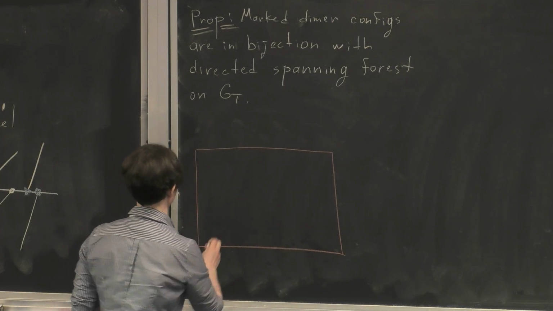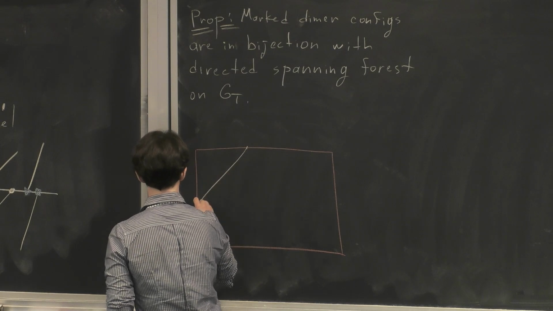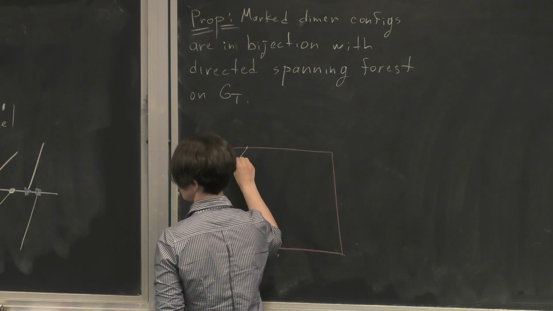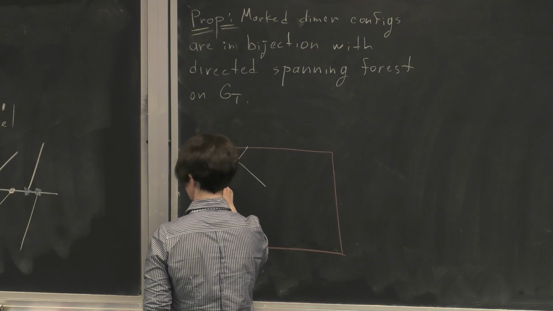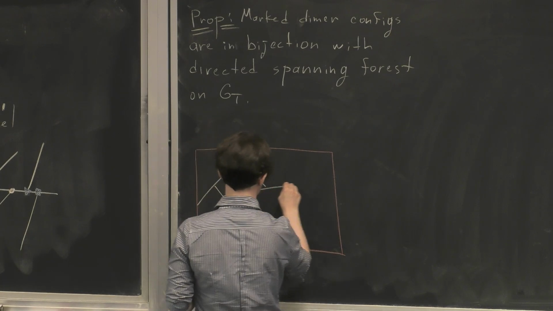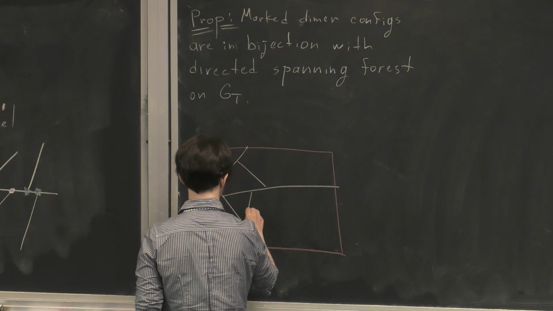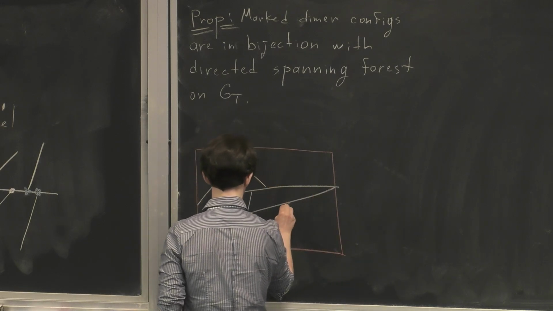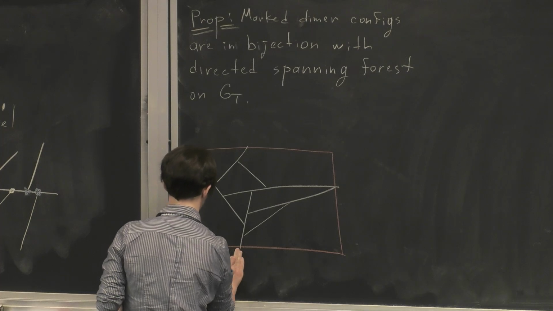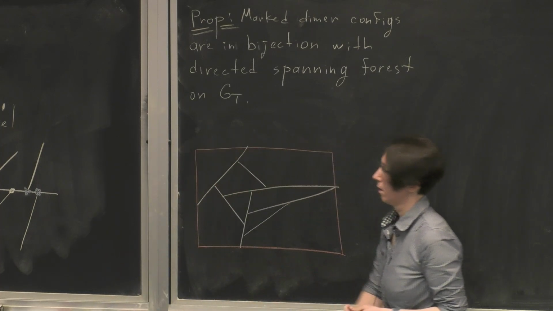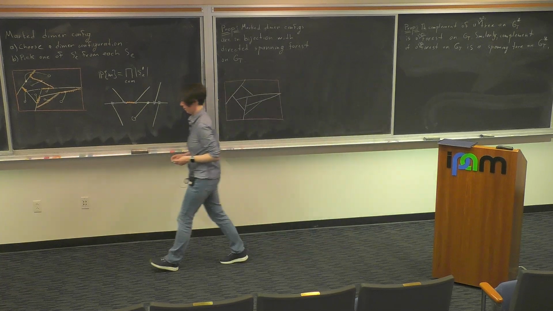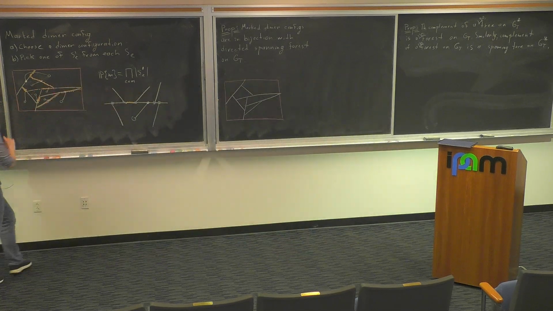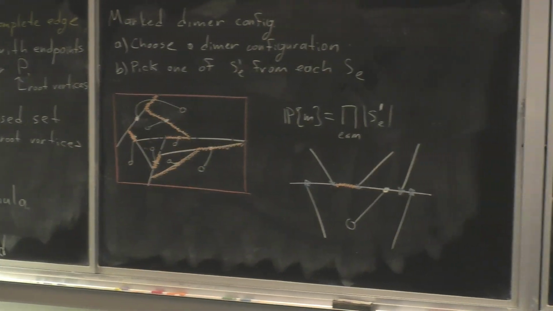Let us prove it. To prove this, we're going to use the temporary bijection of those dimer configurations with trees on the dual graph.